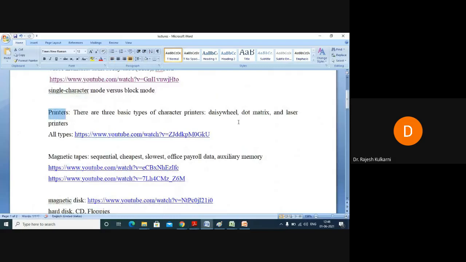As I was telling you, you might not have seen dot matrix printers, you might not have seen daisy wheel printers, but you have used printers, whether it is a laser printer, it may be at your house, or you might have gone to a Xerox center where you have taken printouts.